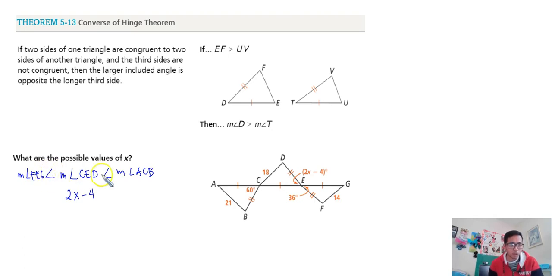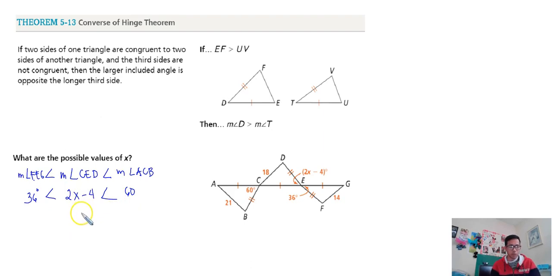So this is greater than, and this is less than. The measurement of angle FEG is 36 degrees, and the measurement of angle ACB is 60 degrees.